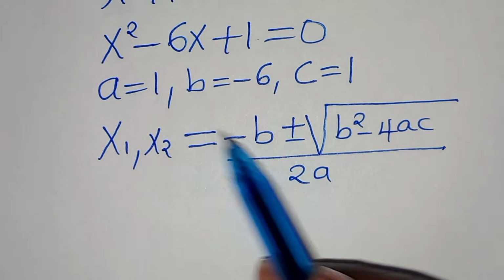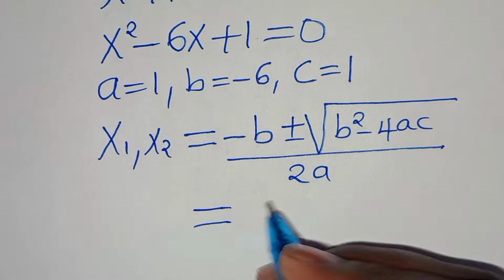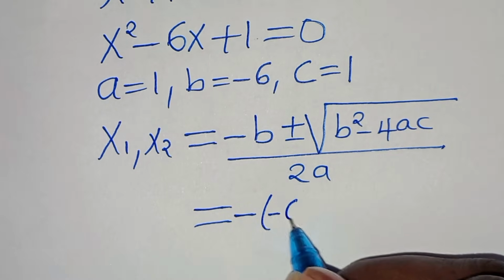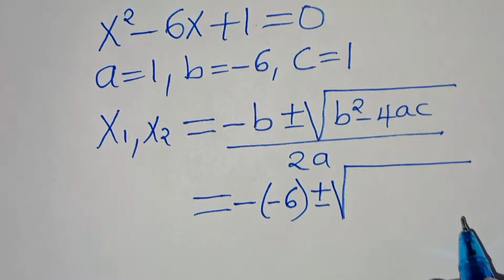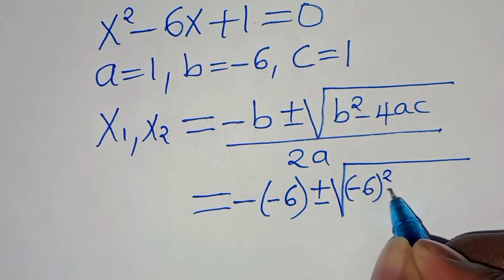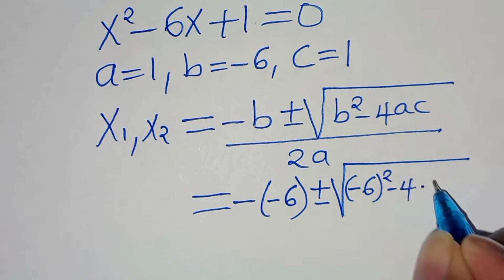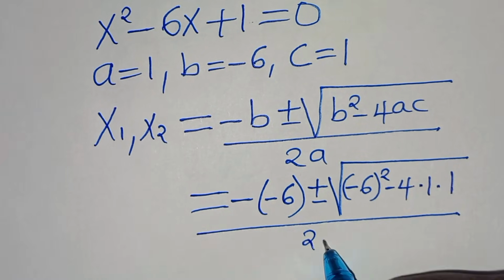Now, let's substitute the values of a, b, and c in this formula, so that we have minus (minus 6) plus or minus the square root of (minus 6) to the power of 2, subtract 4 times a, which is 1, times c, which is 1, everything divided by 2 times 1.